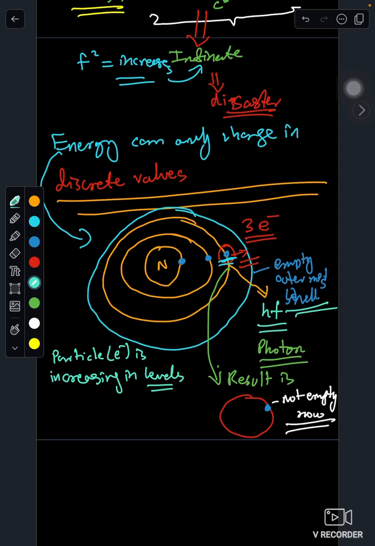These are called energy levels, from 1 to 3, 3 to 1, not 1.1, 2.2 to 2.3, and so on.